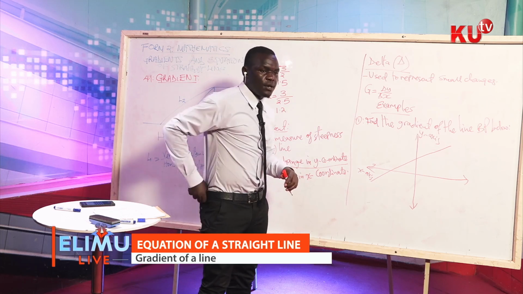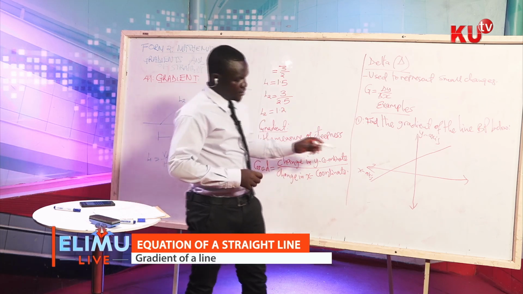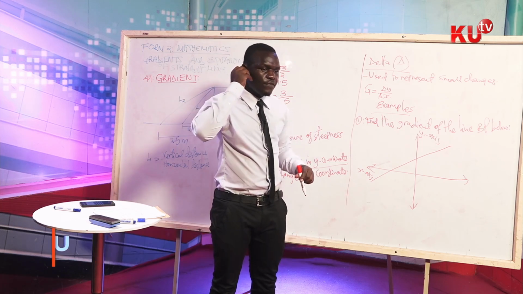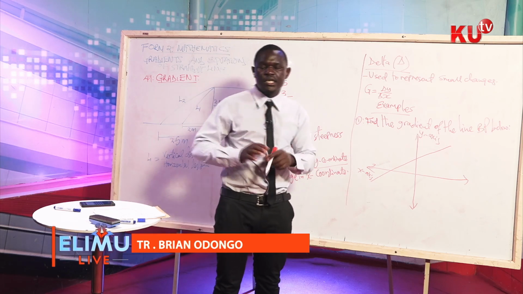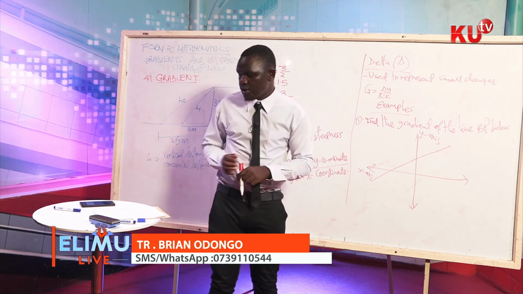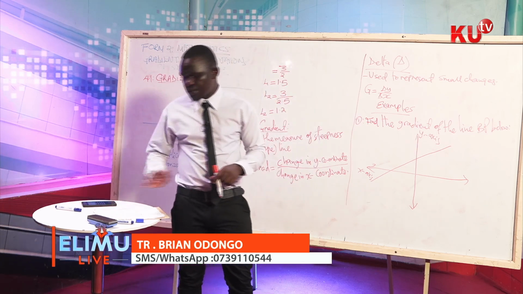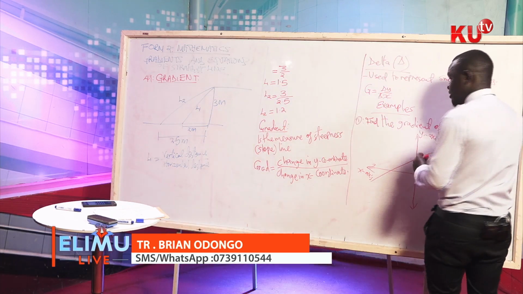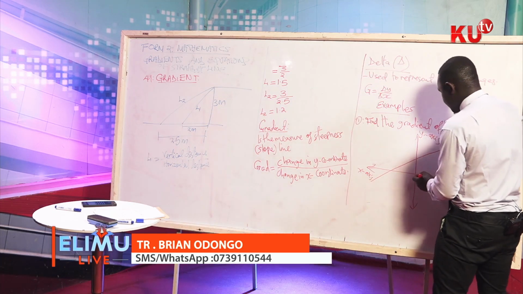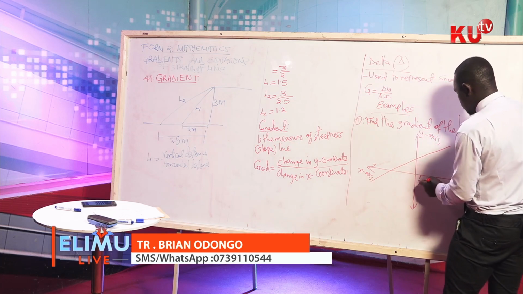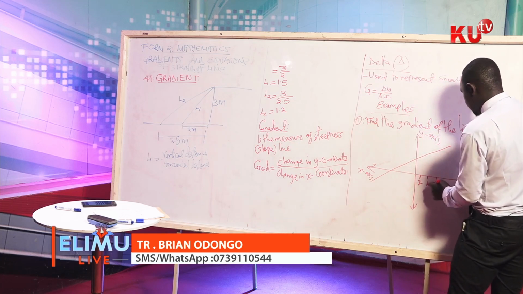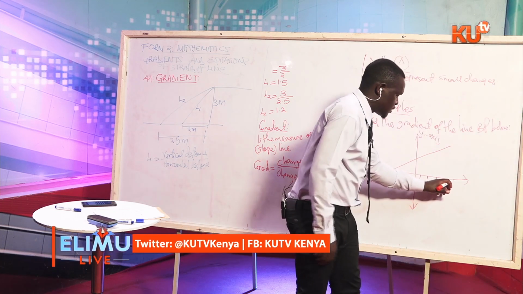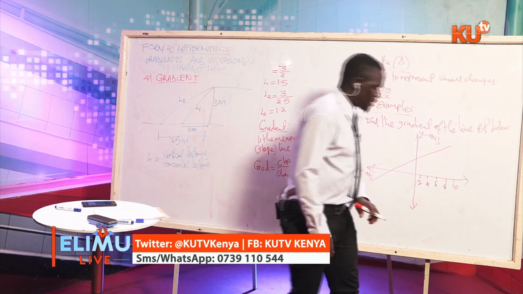Remember now that when you are plotting on a Cartesian plane, you have to choose a very uniform, suitable scale that is easy to interpret and read. So maybe my scale goes 2, 4, 6, 8, 10, like that.